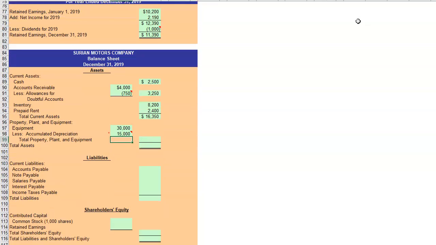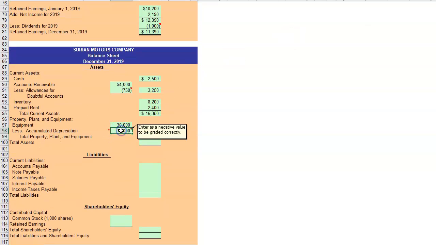And it's probably going to tell me that it's wrong because it wants a negative sign. And then we're going to do the 30 plus the negative 15. Remember, accumulated depreciation is a contra account. Then I'm going to add up my current assets and my total plant and equipment.